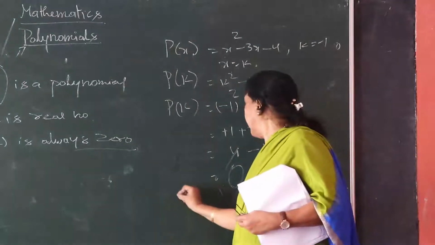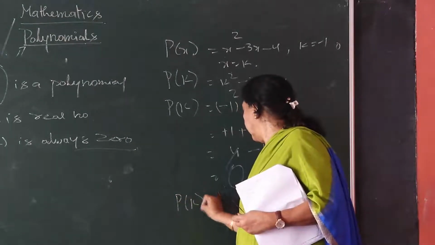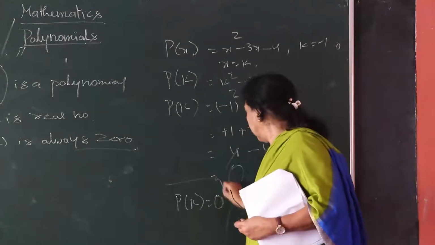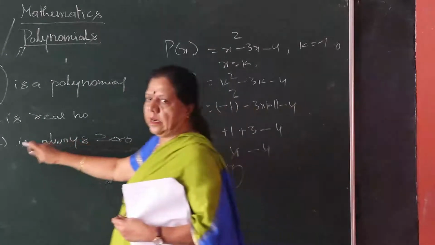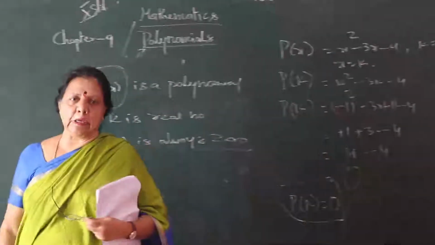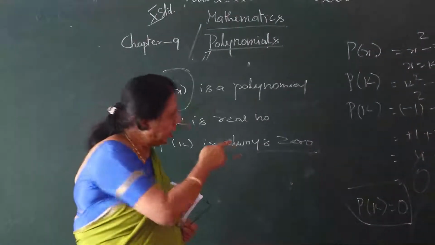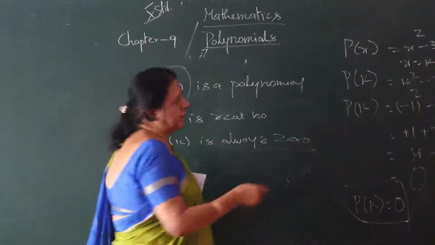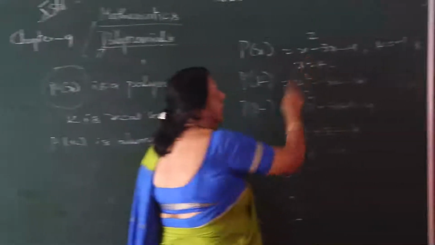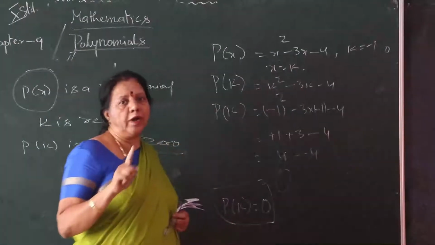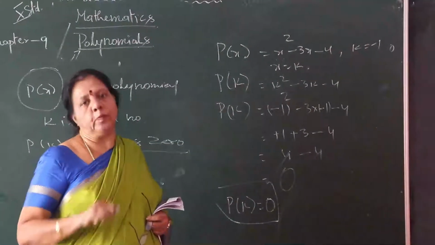That is p of k is equal to 0. That is what I have written here. When we give the value minus 1, you are getting 0. What is this expression, children? Once again, this expression is a quadratic polynomial.